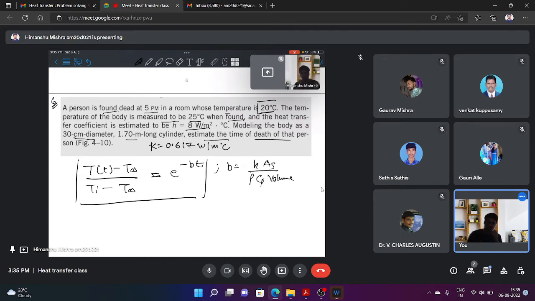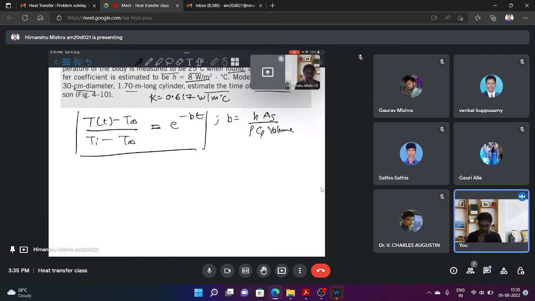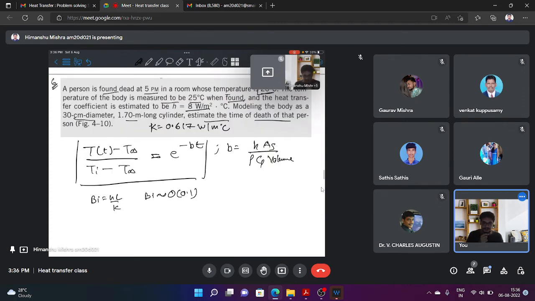First we need to check whether there is uniform heat transfer or not, and we can do this by the Biot number. If my Biot number is very small, then we can use this lumped heat transfer analysis. In this problem, the Biot number is actually of the order of around 0.1. This is a rough estimate of the calculation.